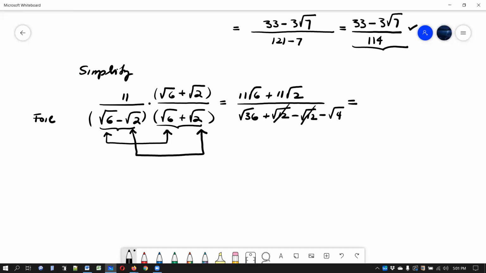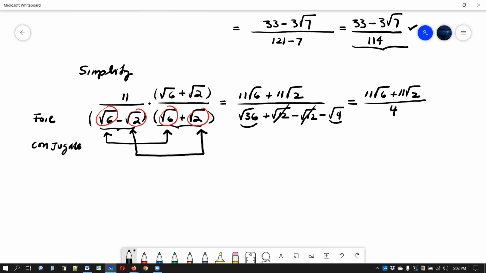So that's why when you use the conjugate technique, you only need to multiply the first times the first, second times the second. So 11 radical 6, 11 radical 2, this is 6, this is 2, 6 minus 2, 4.